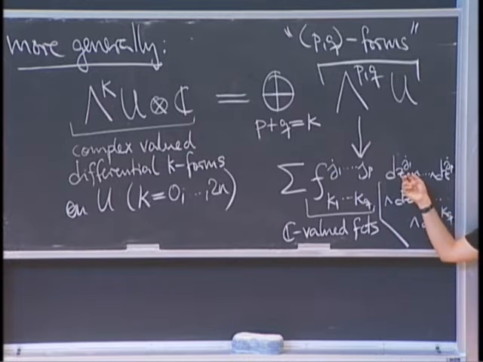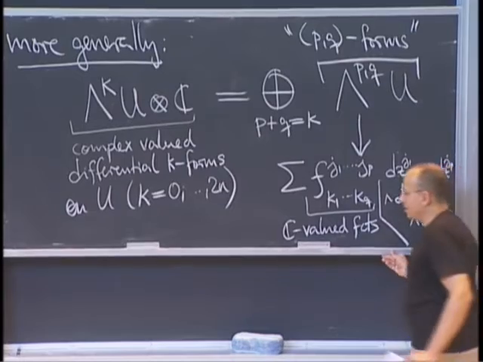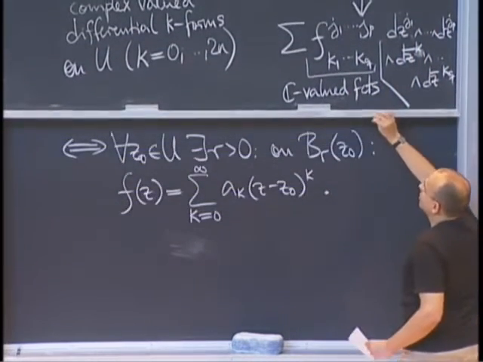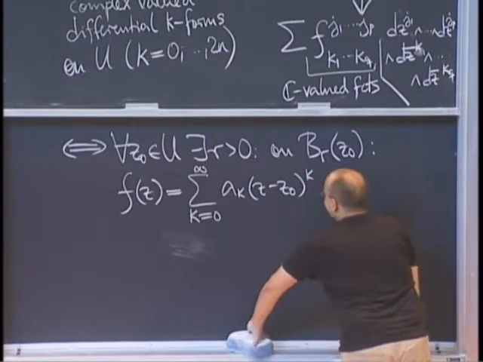So in other words, a PQ form is something whose indecomposable parts take the form that I need K differentials in total because I'm looking at K forms, but I'm specifying that I can write my form as a product of P factors that are only DZs, sort of only holomorphic, and Q factors that are only DZ bars, so sort of purely anti-holomorphic. So it's almost obvious that I can always do that.